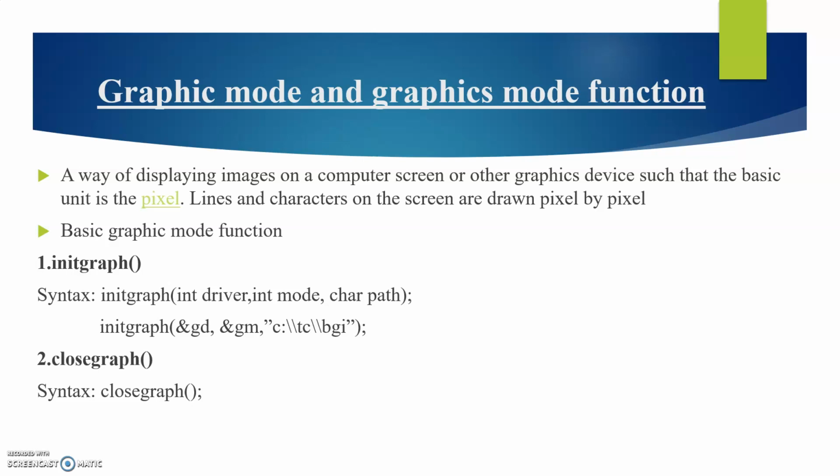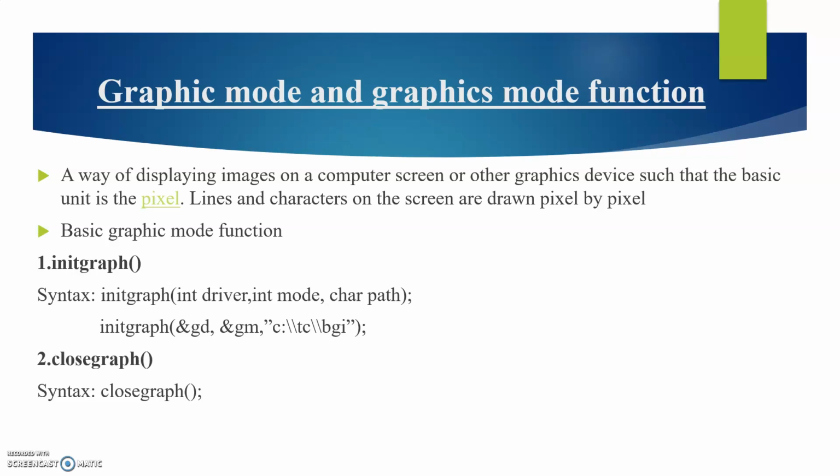In this syntax, driver: this argument specifies the graphics driver to be used and it interfaces with the display adapter. Some of the available graphics drivers are CGA, EGA, etc. Second, in the syntax we have mode. Each graphics adapter can use several different possible graphics modes.